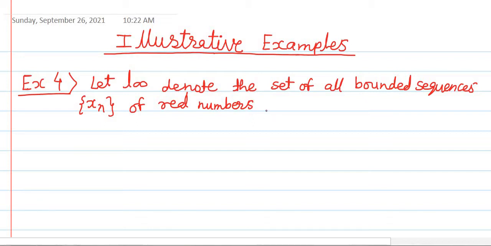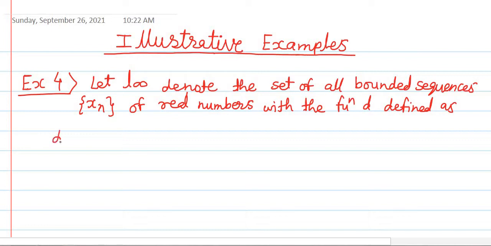With the function d defined as follows. How is the function d defined in this case?